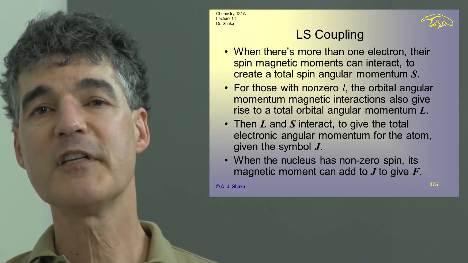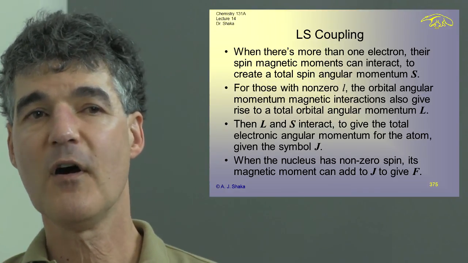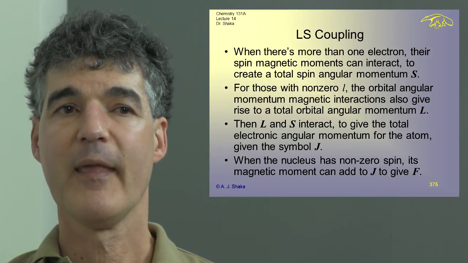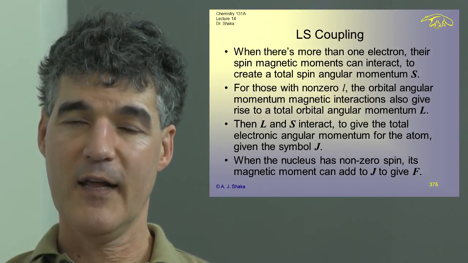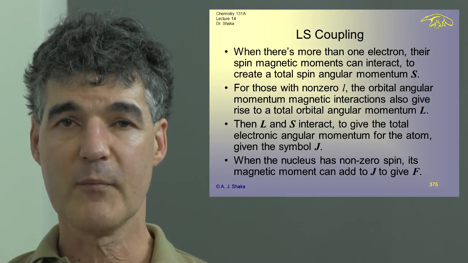and we first add up all the intrinsic bar magnets to give what's called the total spin angular momentum, S. And if there's electrons with non-zero L, then there's orbital angular momentum.